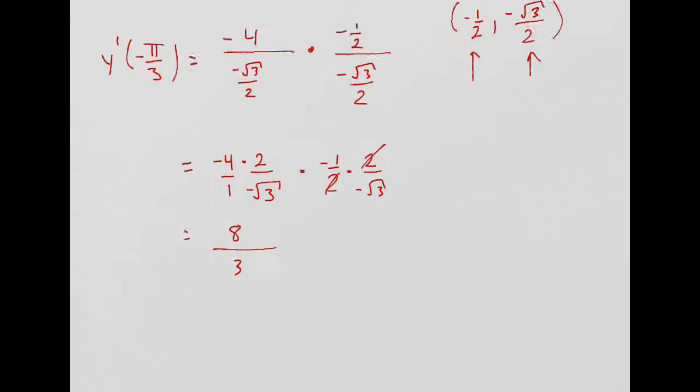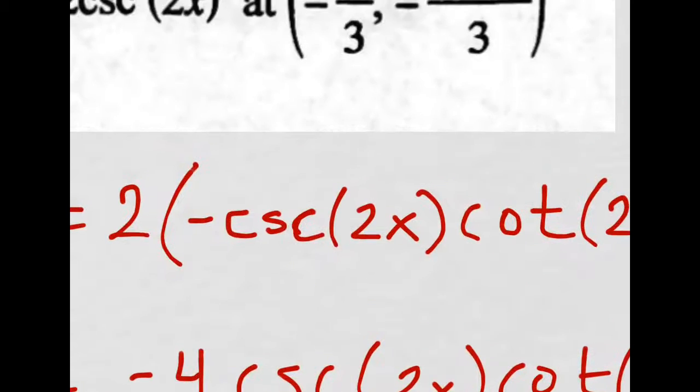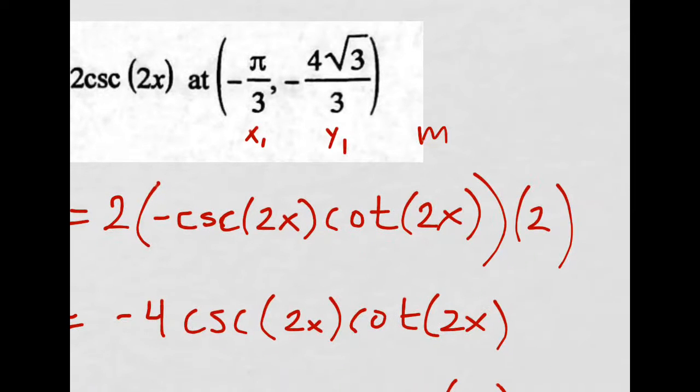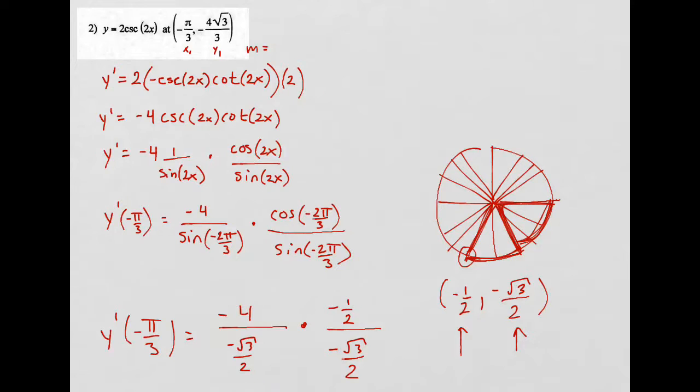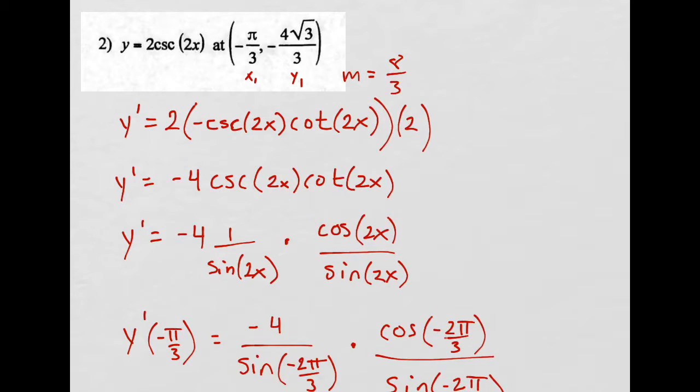So we just have 8/3 as our slope. Sweet. So this is x1, this is y1, and our m, since they're saying the tangent line, that'll just be 8/3. They're not asking for the normal line, so we don't have to flip it over and change the sign. We just leave it as 8 over 3.